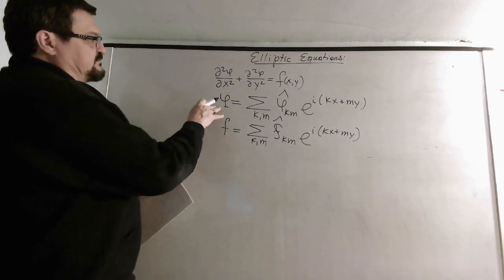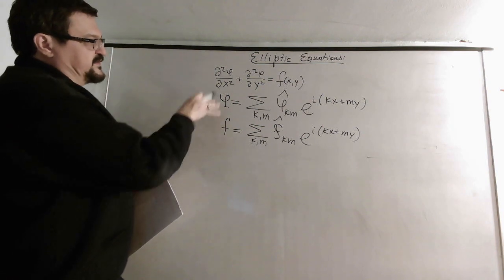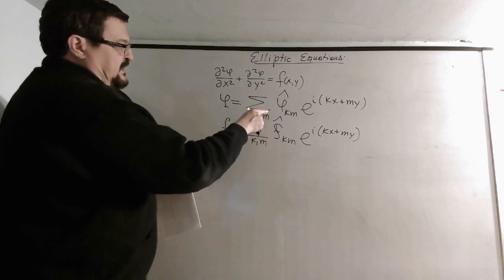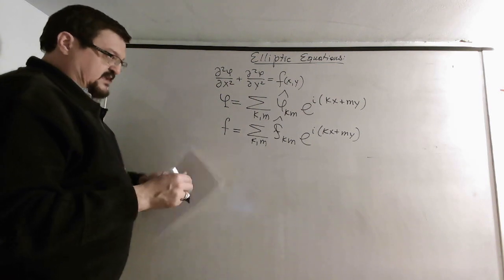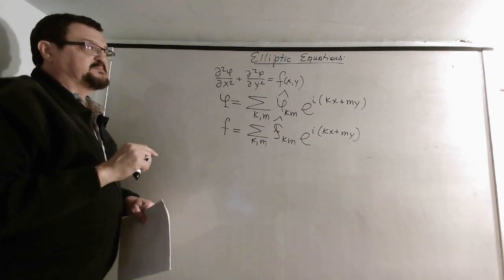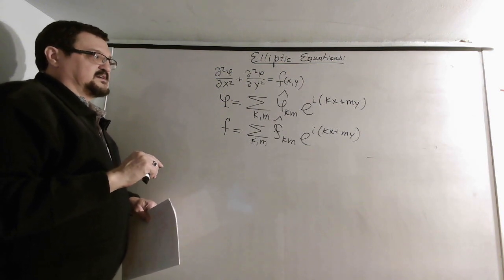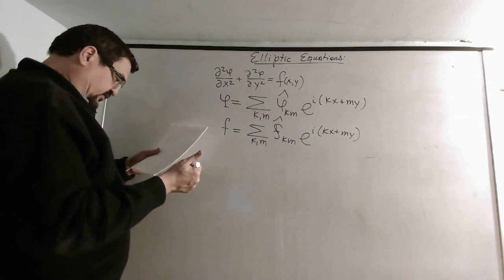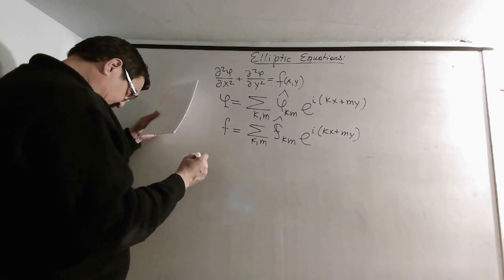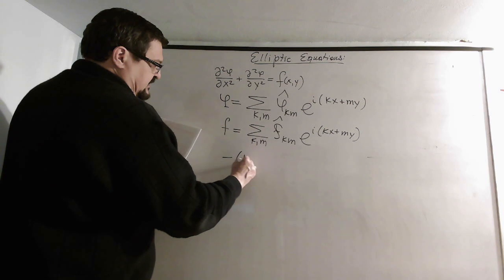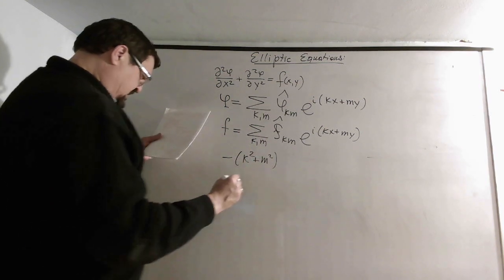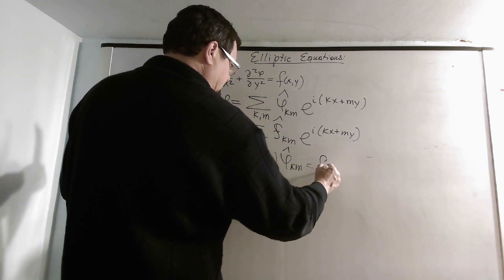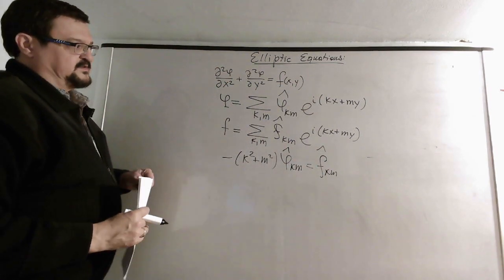Now if you substitute these two Fourier series representations into the original equation, you will see, when you differentiate and also use the fact that each of those Fourier harmonics are orthogonal to each other, meaning they are independent from each other, that you get the following equation: minus (k squared plus m squared) phi_km equals f_km.